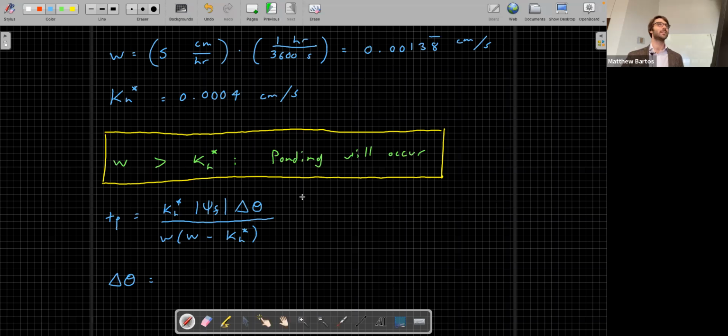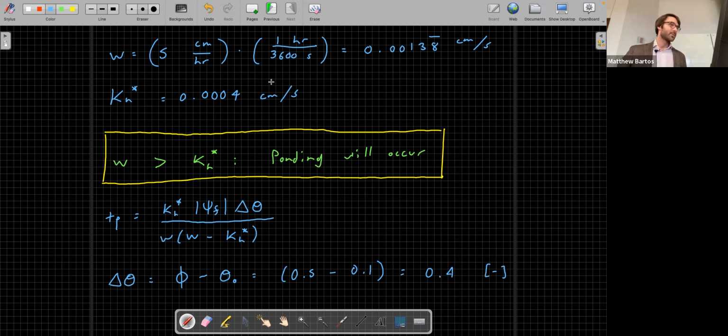Yeah, so it's the porosity minus the initial soil moisture content. So this is essentially the amount of space that is left to fill in your initial soil volume, okay? And we can compute this. This is equal to 0.5 minus 0.1, which is equal to 0.4. Note that there's no units on this.